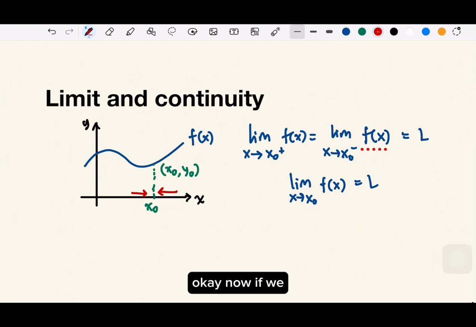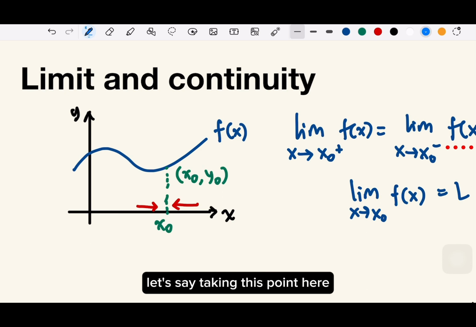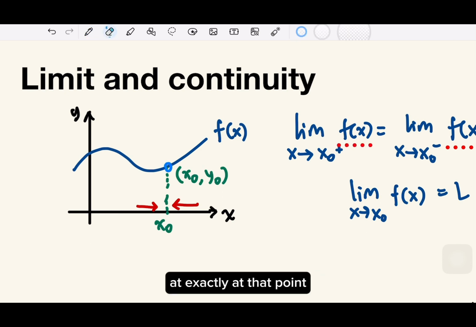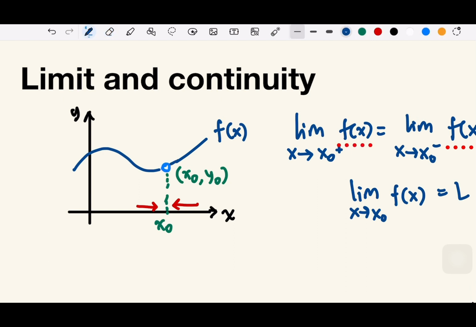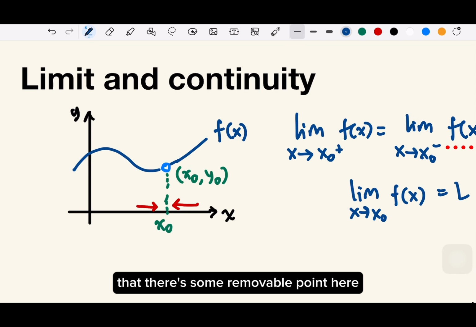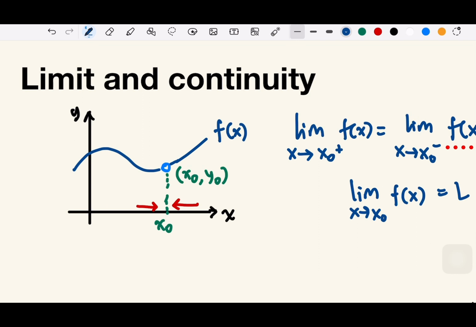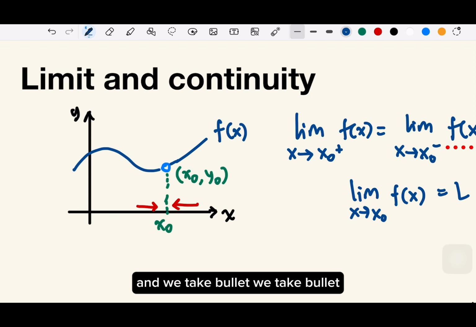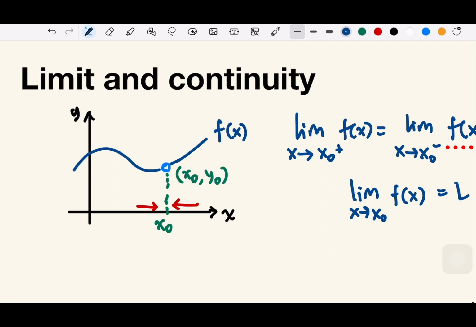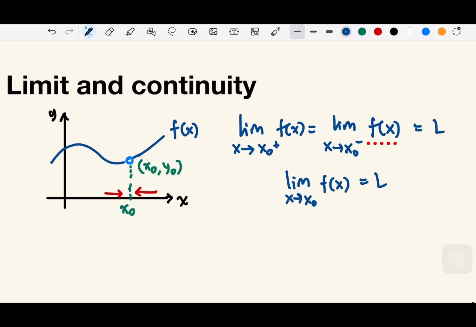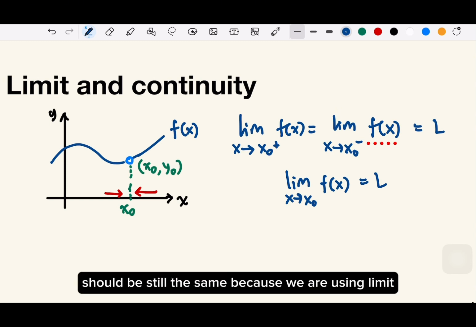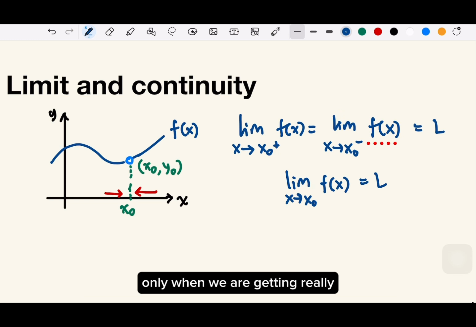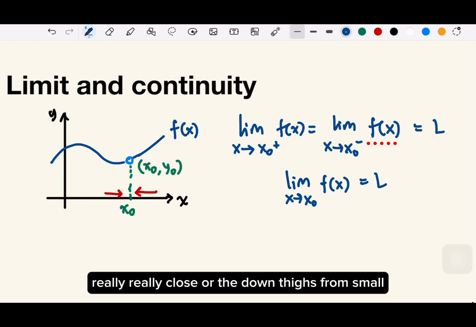Now if we take this point exactly at that point, where there's some removable discontinuity, and we take the limit, the evaluation should still be the same, because we are using limit only when we are getting really close, or the delta is really small.